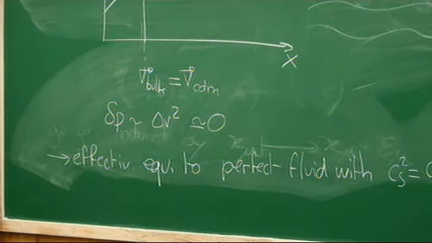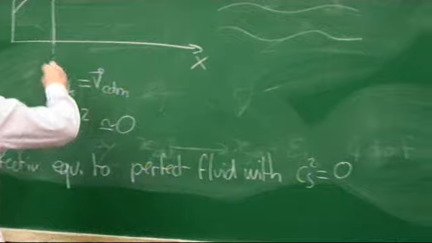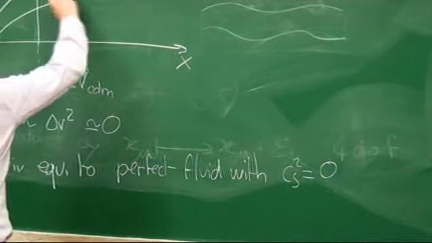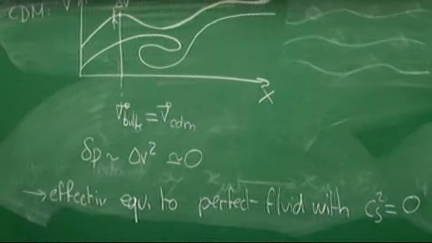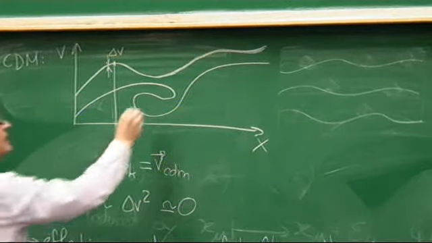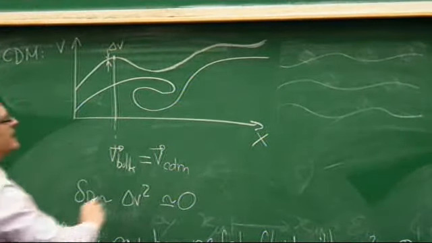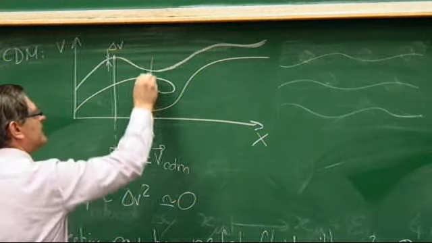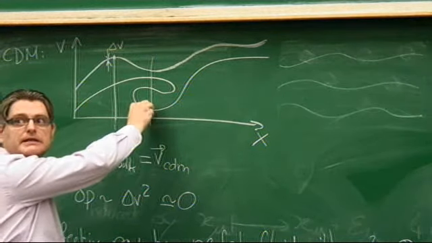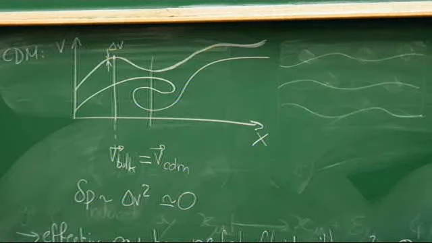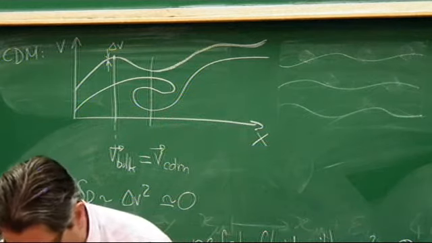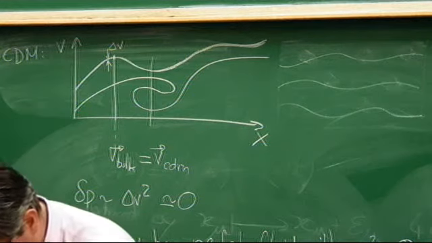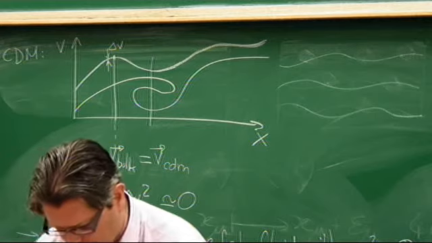When cold dark matter starts to form nonlinear structure, then this line will start to fold over itself because of gravitational attraction. If I have a collapse here around an overdense region, in this case, at a given point, I can have different flows of velocity. Then I develop an anisotropic stress, and I cannot use this trick anymore. Okay, that's all I wanted to say about equations of motion, and we will see later some more specific examples.